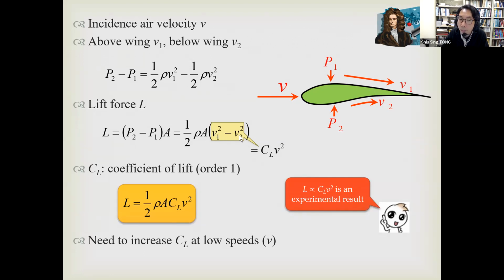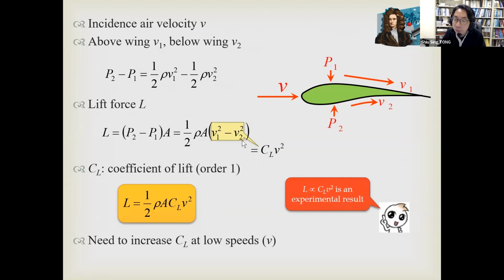So V1 squared minus V2 squared is proportional to V squared. V is the initial velocity of the incoming air. Now this is an experimental fact. I cannot explain it to you clearly, but people find it to be so over a wide range of velocity.